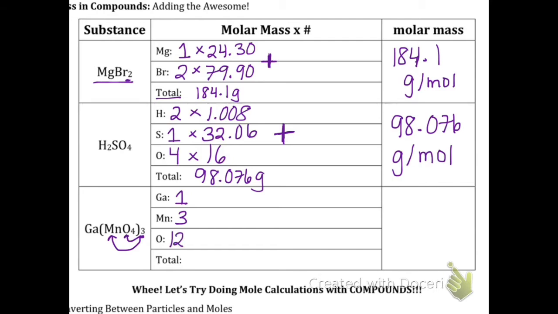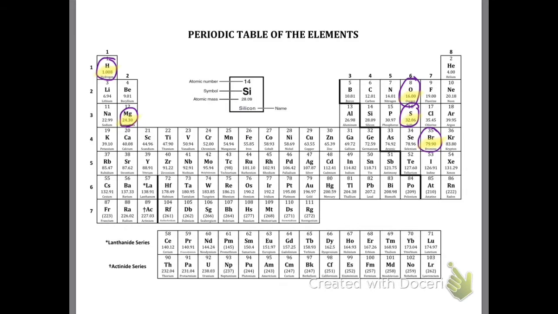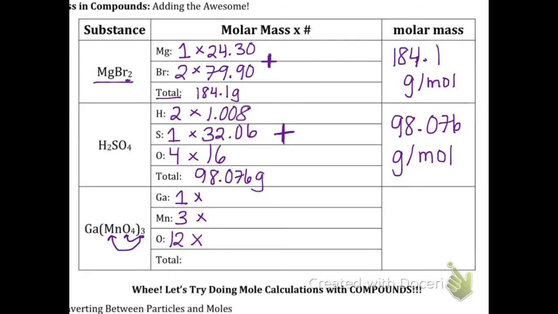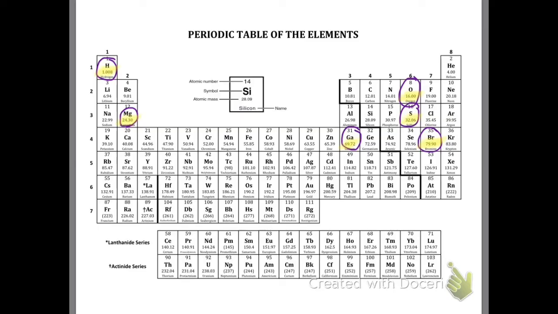Okay, so now let's multiply by their masses. So gallium is here, 69.72. So let's write that out, 69.72. Manganese is Mn.